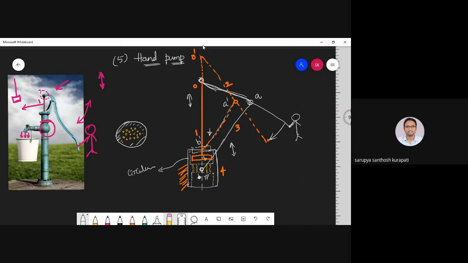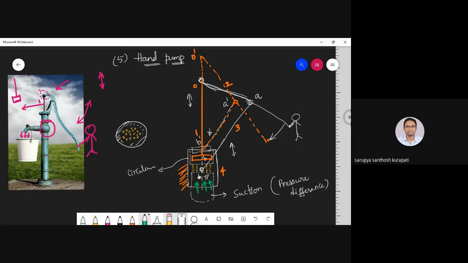You are creating this particular suction inside this body. Here you are creating suction or pressure difference. Due to this pressure difference, the water is going to flow in the upward direction. Here the water is going to come.